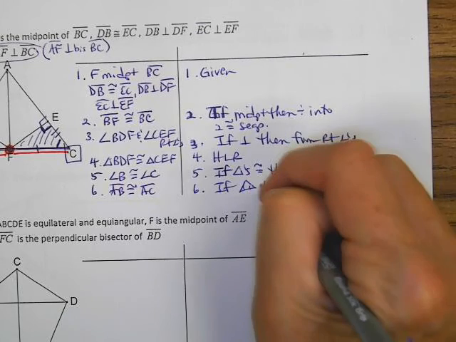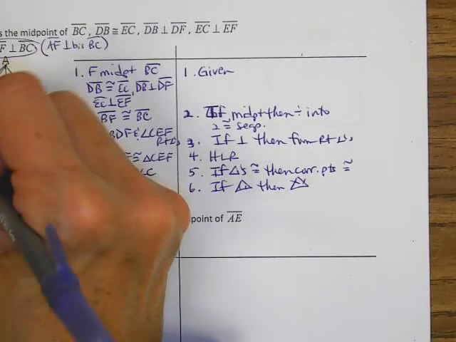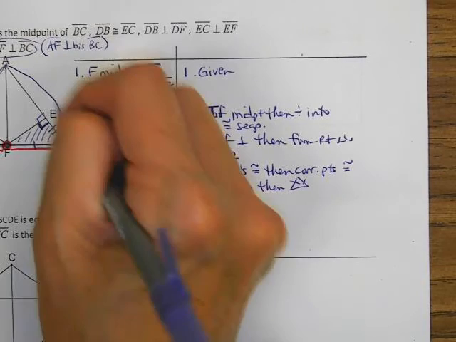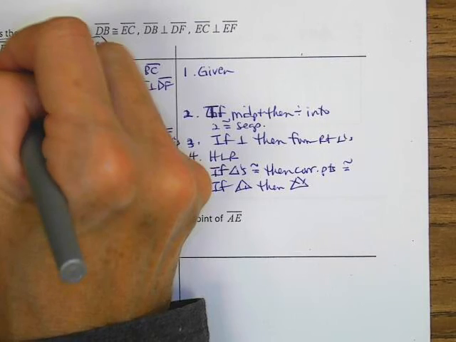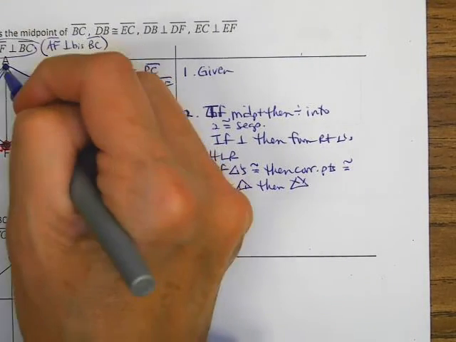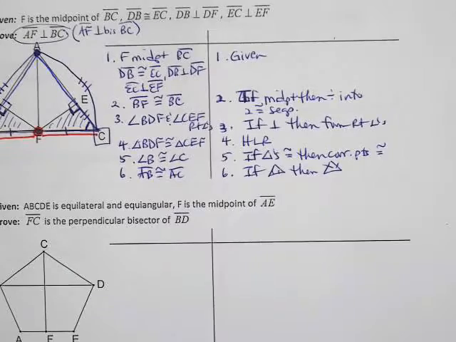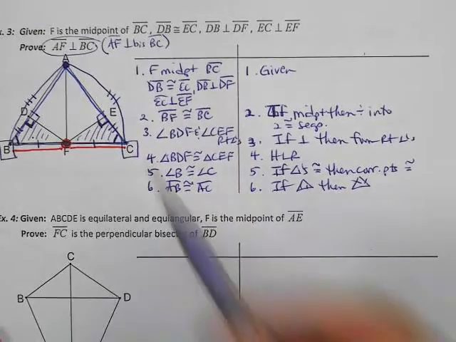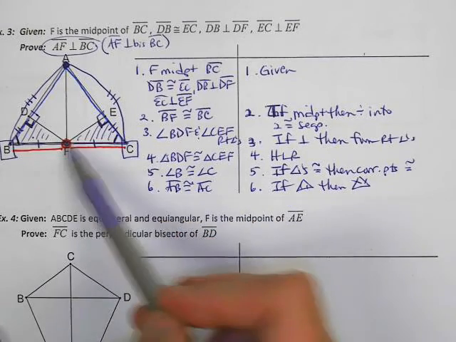If angles, then sides. So I would have this side congruent to this side. I think that means I now have my second point. Now I have point A equidistant from B and C. So I have 2 points, point A and point F. A is equidistant, F is equidistant.